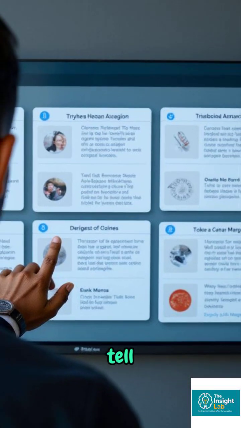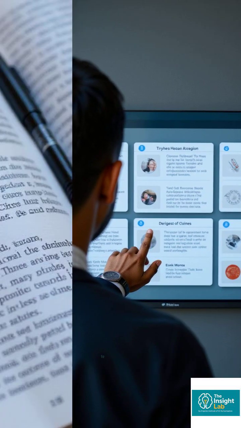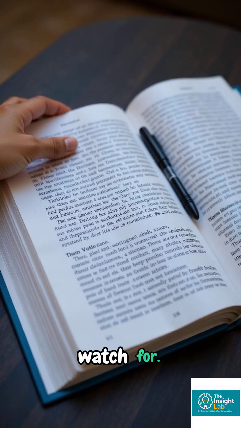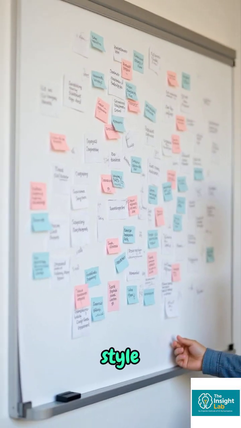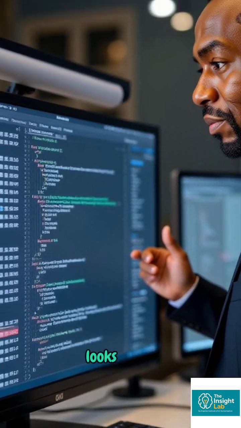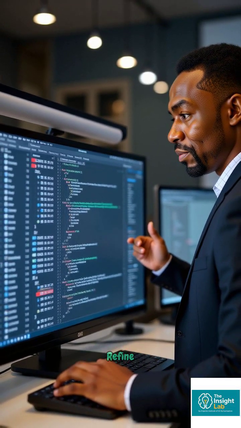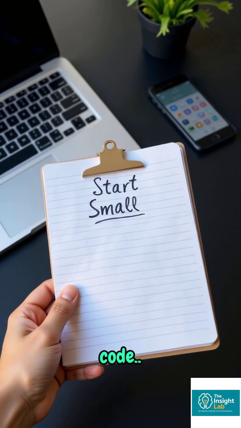These schemas tell the AI exactly how to interpret data, what clinical language to use, what red flags to watch for. Your prompts should include clinical context, output structure, style guidelines, ethical constraints, and examples of what good output looks like. Test them obsessively. Refine them constantly. This is where your clinical knowledge becomes code.